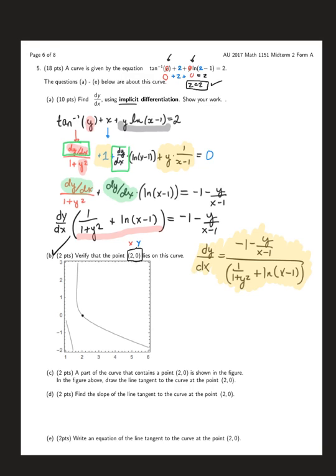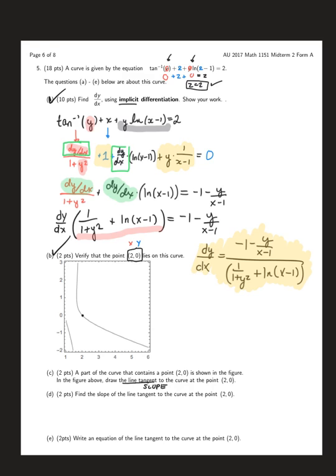Part C, so we're done with part B. We did part A. Now we're on to part C. A part of the curve that contains the point (2, 0) is shown in the figure. In the figure above, draw the line tangent to the curve at the point (2, 0). So if we're drawing a tangent line, one thing I want to point out is that we really need to know the slope of that tangent line. I can envision that it's going to look something like this, but I want to make it as accurate as possible.